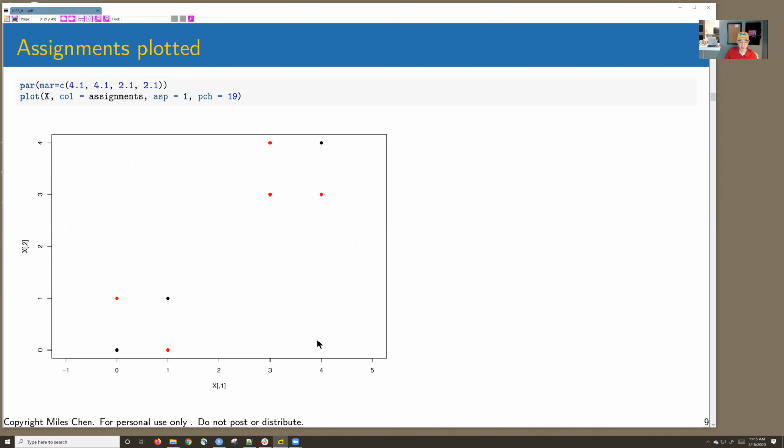This is what we get. We randomly assigned these 5 data points to red and the other 3 to black. Those are our current cluster assignments. It doesn't matter that a different number got assigned to the different clusters.